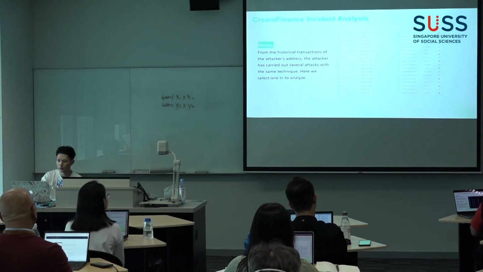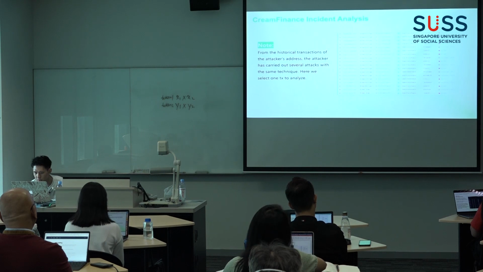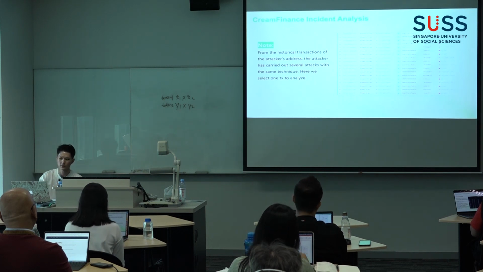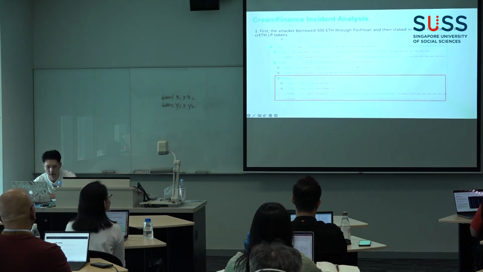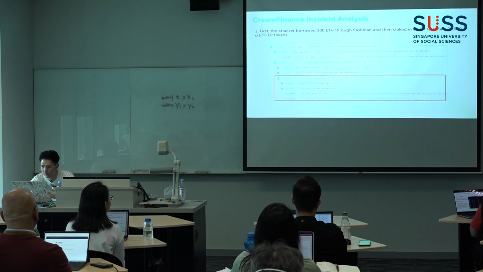Yeah, so when we look at this malicious address, we see that the attacker is really experienced. He carried out several attacks with the same technique. First, we see that in this block he borrowed 500 Ether through a flash loan, and then staked in CR/ETH to obtain CR/ETH LP tokens.